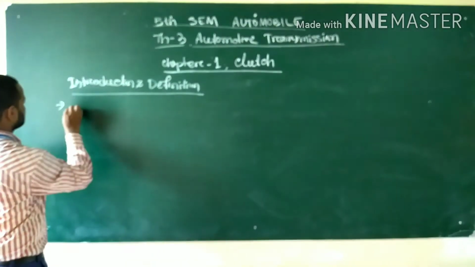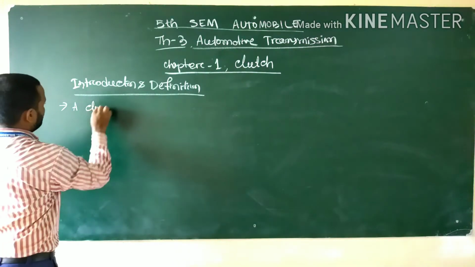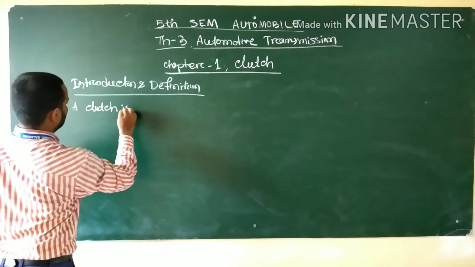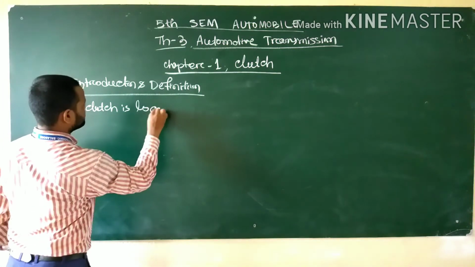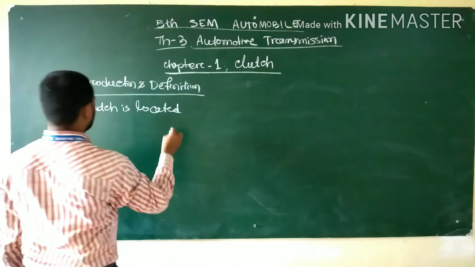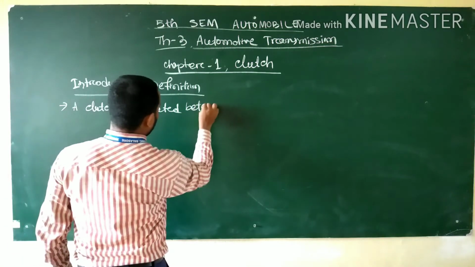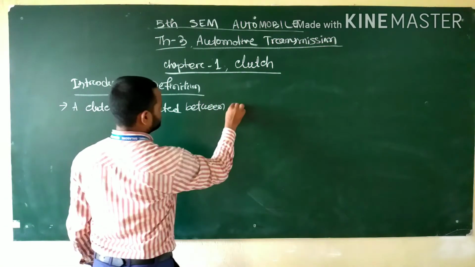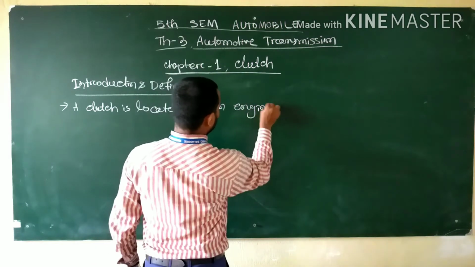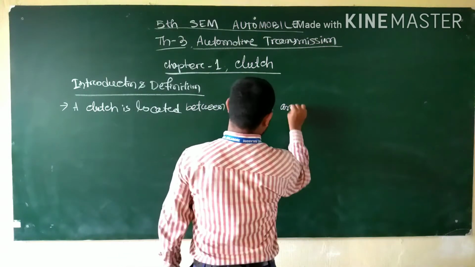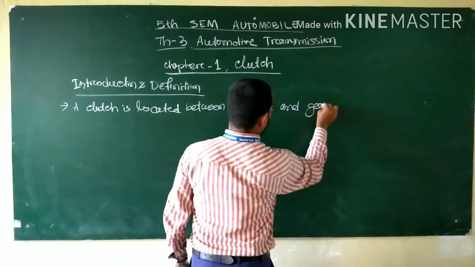So write: a clutch is located between engine and gearbox.